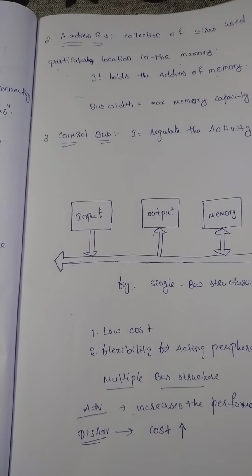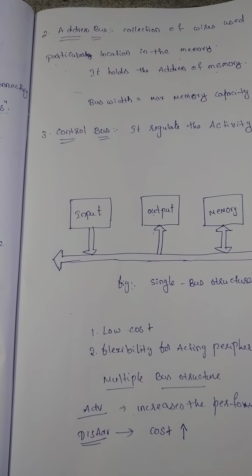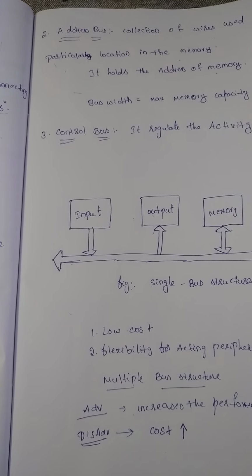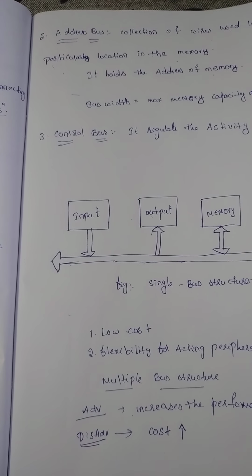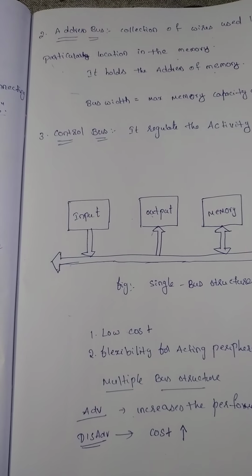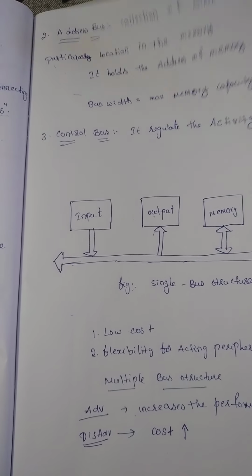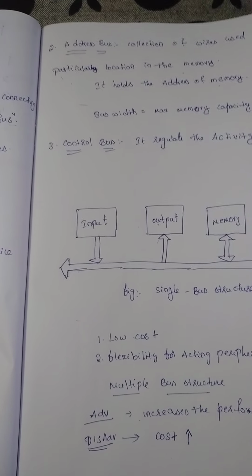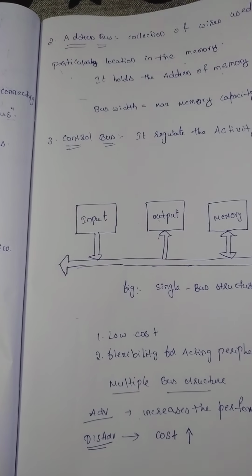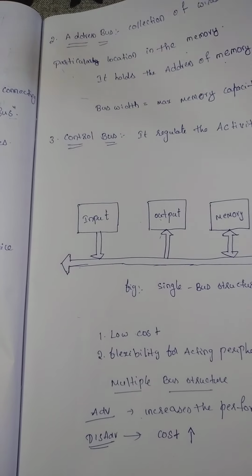For example, consider the transfer of a character from processor to a printer. The processor first sends the characters to the printer buffer register over a bus.